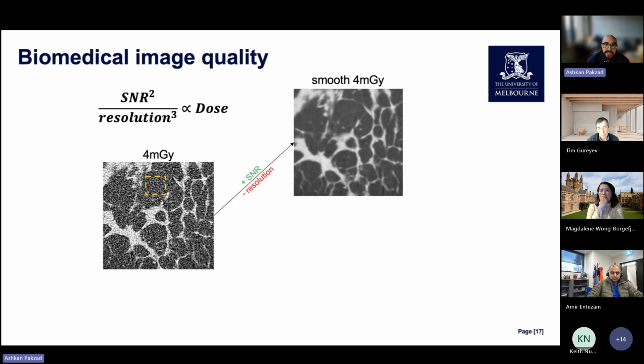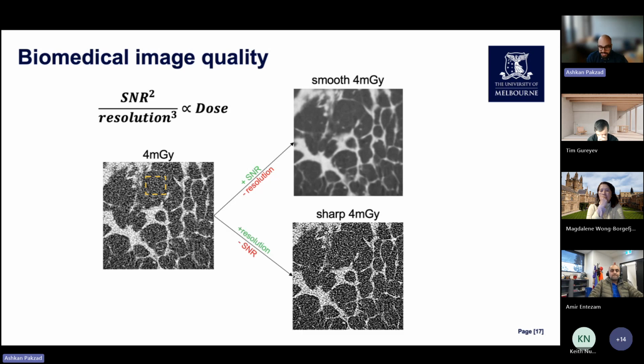And so in 3D imaging, we know that the dose is proportional to the SNR squared over the resolution cubed. And so this gives us our basis for evaluating the biomedical image quality, a reference-less metric, and can tell us the image quality in terms of radiation dose.